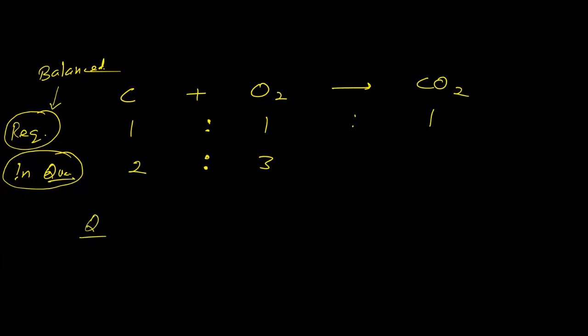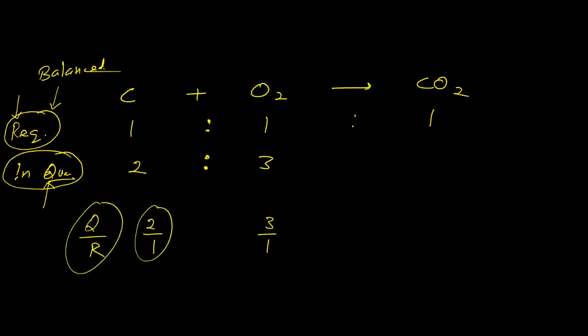What is the Q by R ratio? Whatever is given in the question, divided by what is as per the balanced reaction. So R stands for balanced reaction, Q stands for what is given in the question. So find this ratio. Here it will be 2 by 1. Here it will be 3 by 1. Whichever is less, that will be the limiting reagent.